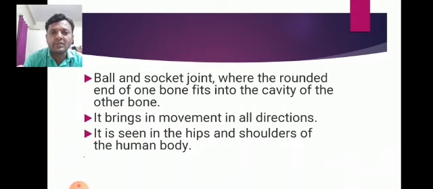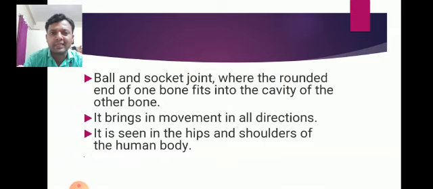Rounded means a ball-like structure. This is the structure of the ball and socket joint. The function of this joint is that it brings movement in all directions. Obviously, because of the rounded shape of the bone, it brings movement in all directions.